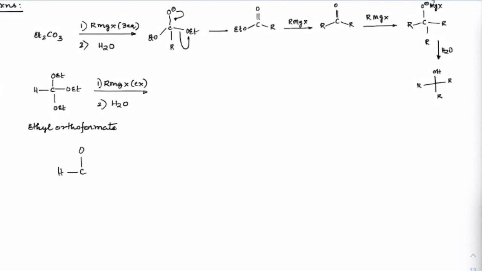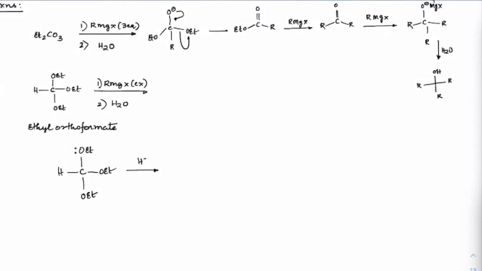When you have this type of ether, OEt, OEt and OEt here, suppose this lone pair tries to form a double bond, then OEt has to leave. But that lone pair does not have any motivation to do that. It can happen when you have it in an acidic medium.